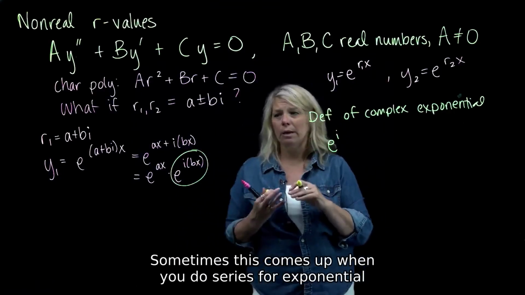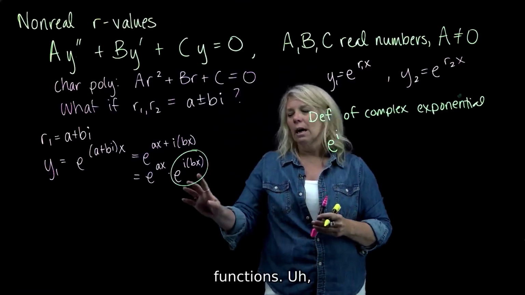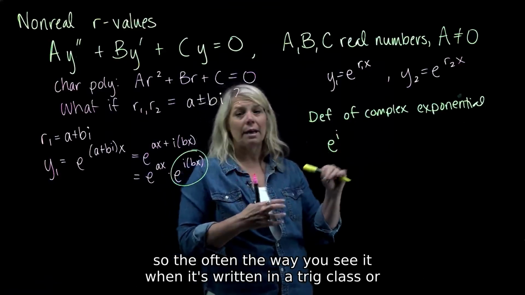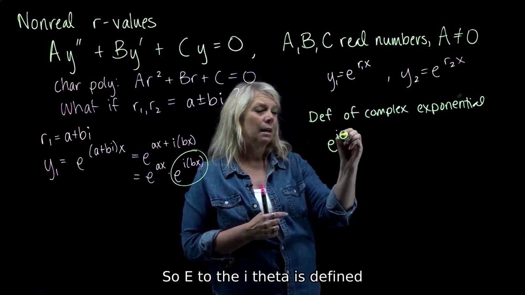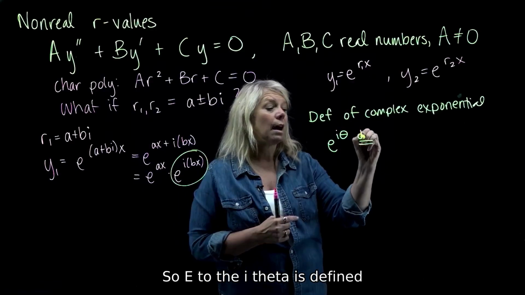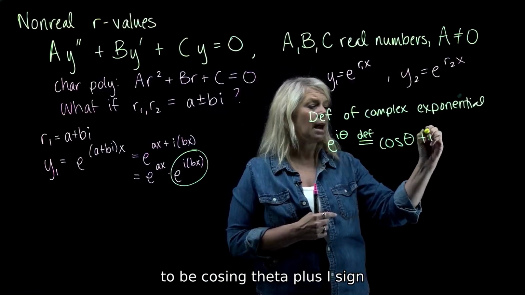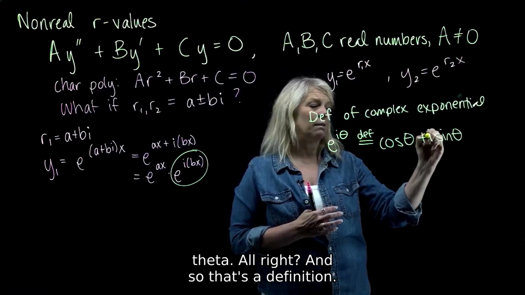Sometimes this comes up when you do series for exponential functions. So often the way you see it when it's written in a trig class or a pre-calculus class is with theta here. So e to the i theta is defined to be cosine theta plus i sine theta. All right, and so that's a definition.